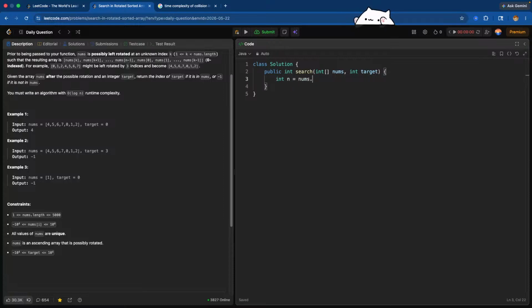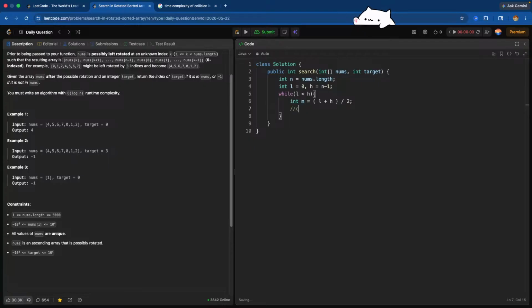Int n is equal to nums dot length. We have int l is equal to 0, h is n minus 1, while low is less than high, and m is (l plus h) divided by 2.